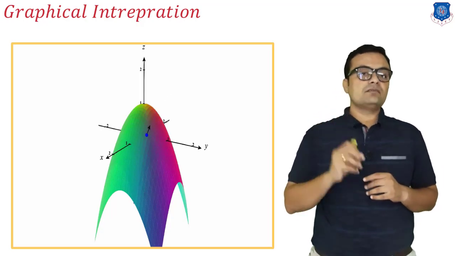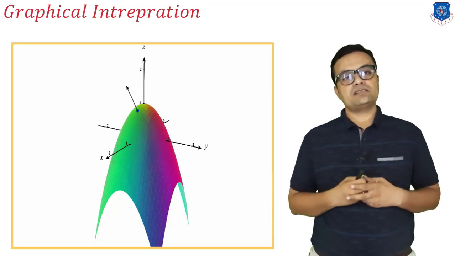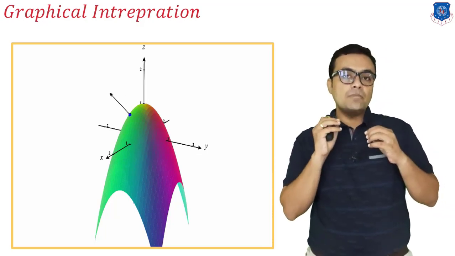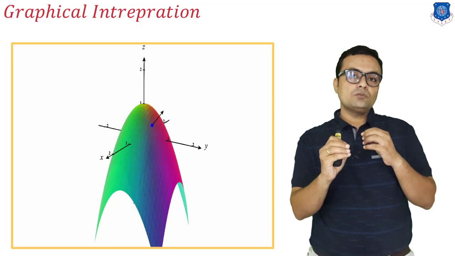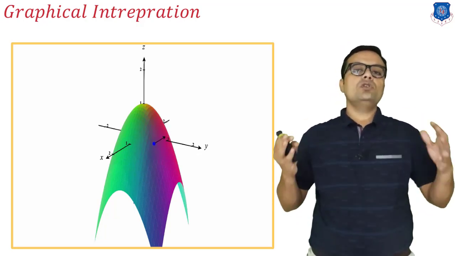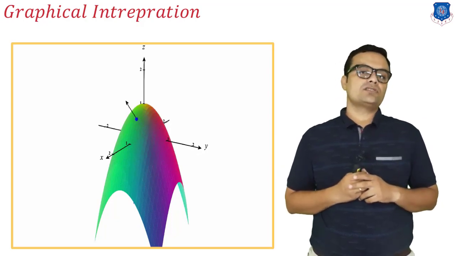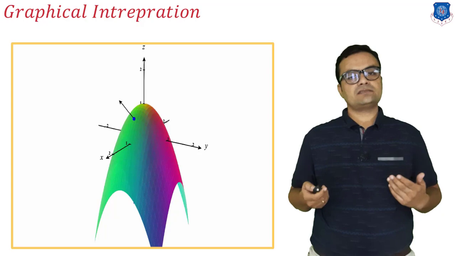In a similar way, for any random point on the surface, I can find a vector, given by this black line, passing through the point and perpendicular to the surface. So this is the whole idea of gradient for the function f of xy.